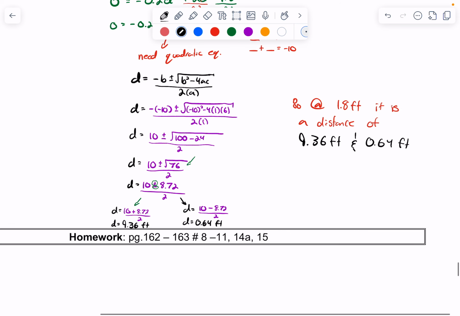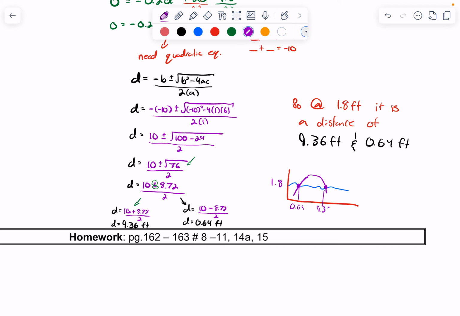If you think about a picture of what probably happened, you have this water, the dolphin goes up, hits 1.8 feet there, and then it comes down once again. That happens right here at 0.64. This one happens at 9.36. So it hits this 1.8 twice, and that's why you have two solutions.